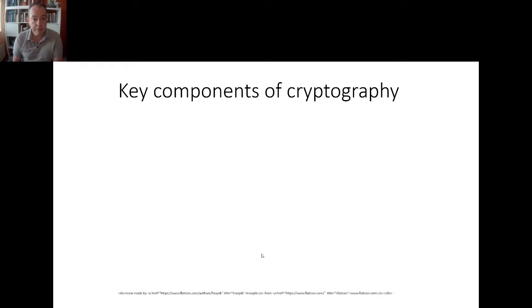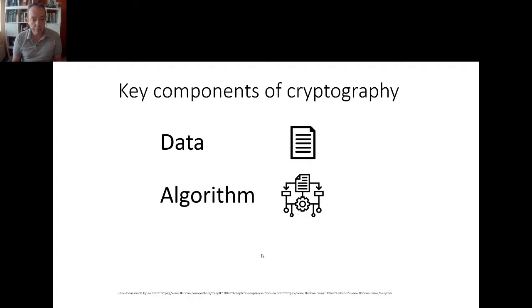And some key components of cryptography you have to know. So first, you have some data, of course, that you want to encrypt or decrypt. Second one is the algorithm. So you have to have some process with which to encrypt and decrypt the data. But of course, you need keys as well, because it's basically like putting something secret inside a vault and you don't have a key for the vault.